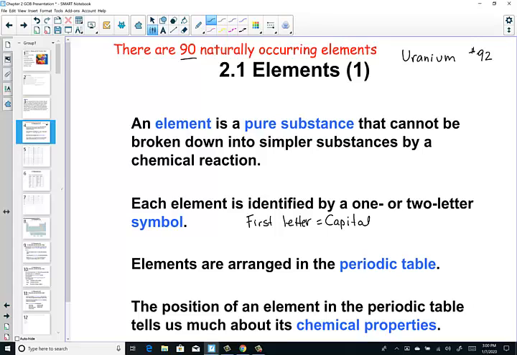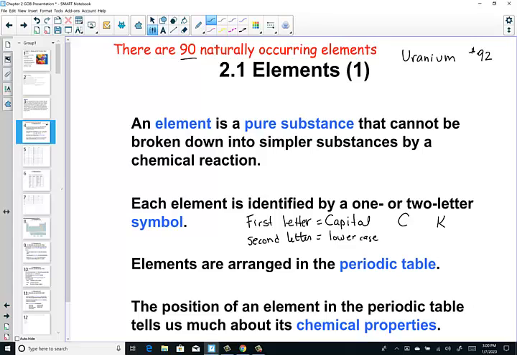For instance, the elemental symbol for carbon is 1 letter, a capital C. For potassium it must be a capital K. And if the elemental symbol has a 2nd letter, it must be lowercase.